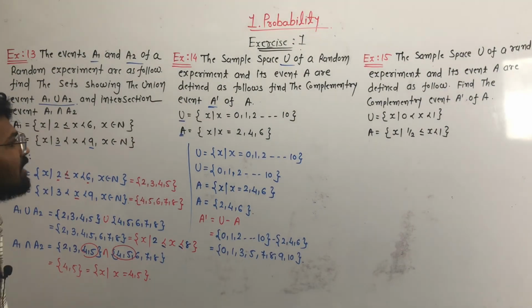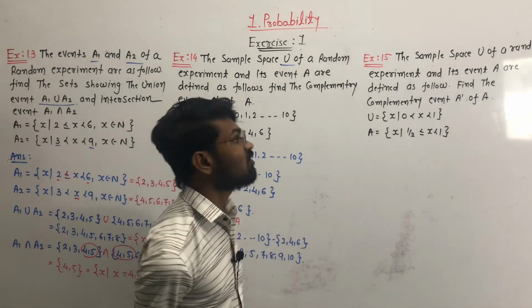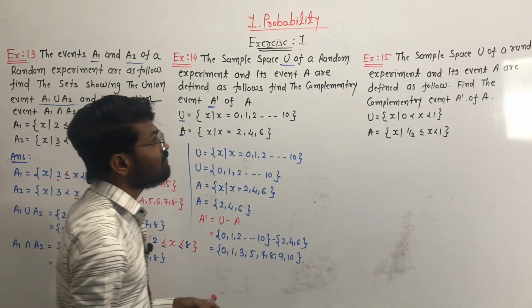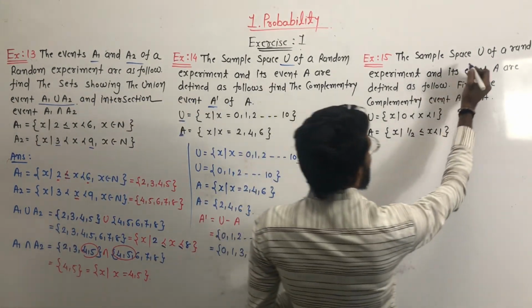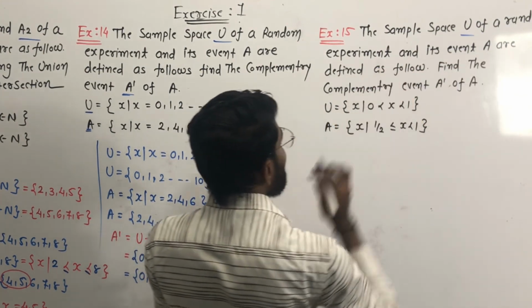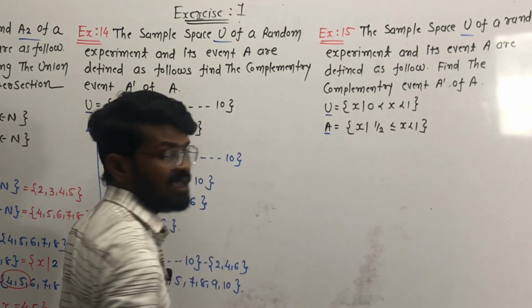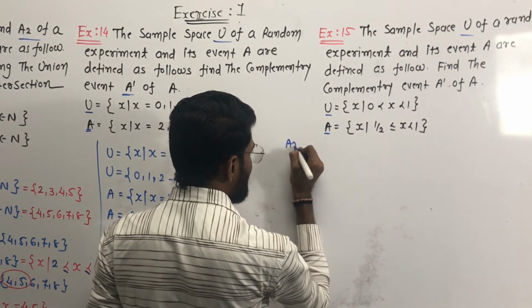Okay, now we are going to solve example number 15. This is the last example of exercise number 1. The sample space U of a random experiment and its event A are defined as follows. Yes, here also the sample space and event A are given. So write down the data.